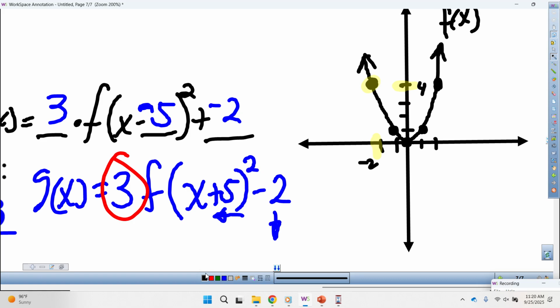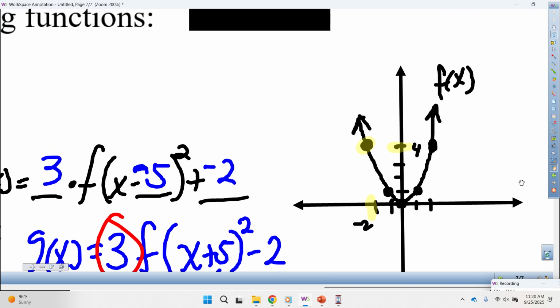However, now that we're going to transform it according to the multiplier of 3, now it's going to have the point at 4 times 3, which is what? 12, way over here at 12. 12, because we're multiplying times what? 3, Mr. Q. All right, good.